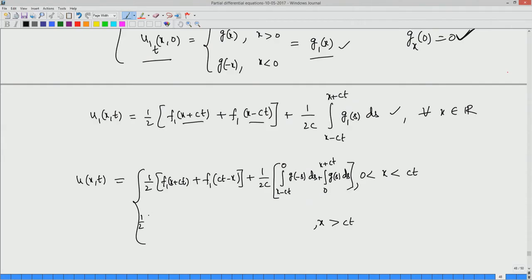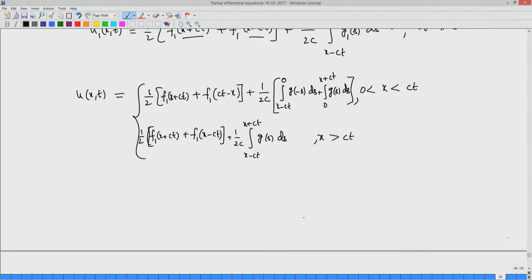You can write directly f of x plus ct plus f of x minus ct, plus 1 by 2c integral from x minus ct to x plus ct of g of s ds, because s is always positive in this interval. So, g1 of s is g of s.